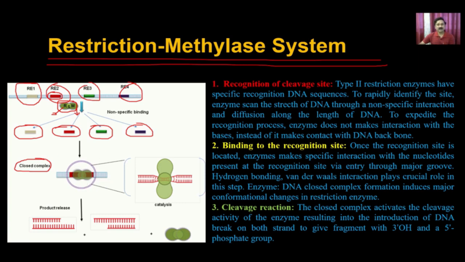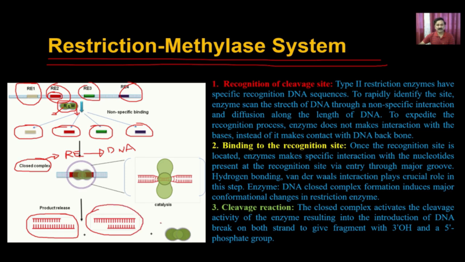What is meant by the closed complex is that the restriction enzyme is now going to access the DNA, because if it does not form the closed complex, the restriction enzyme will not be able to access it. And once it forms the closed complex, it is going to cleave this particular part of DNA and generate two or more fragments.